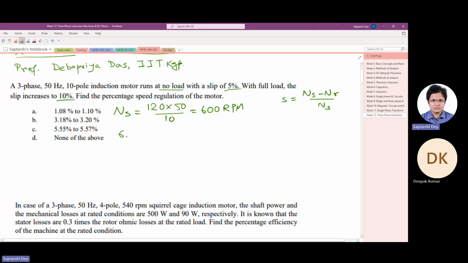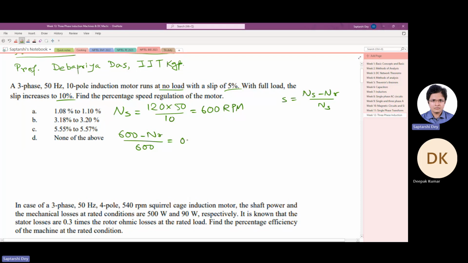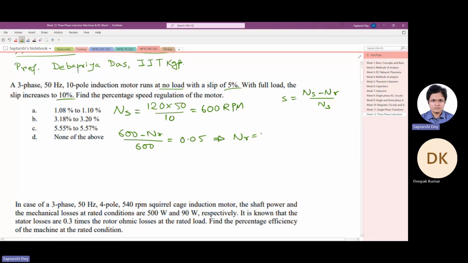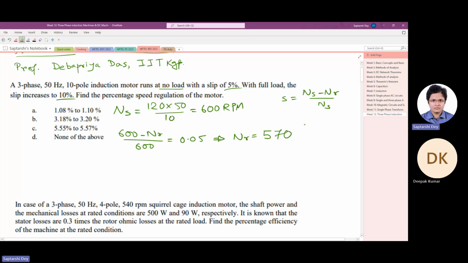So 600 minus nr by 600 is 0.05, which gives you an nr of 600 minus 600 times 0.05, 570 rpm. This is the no load speed.